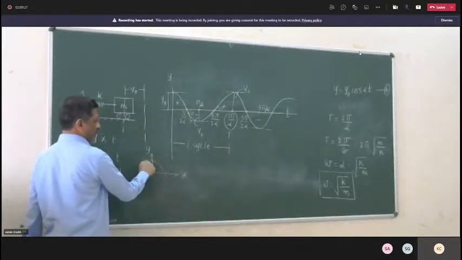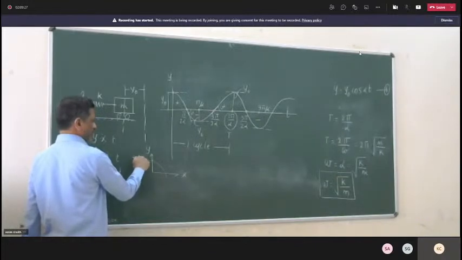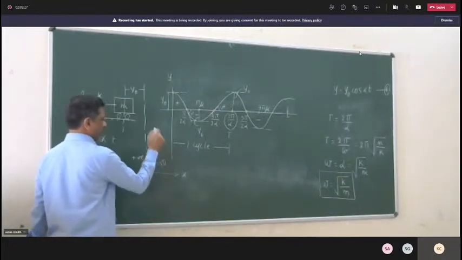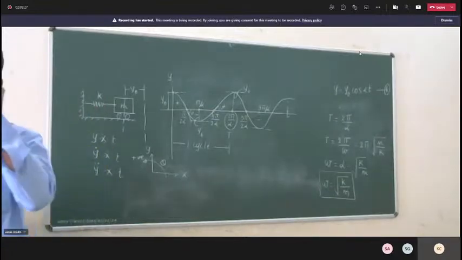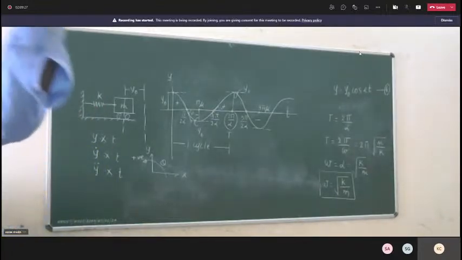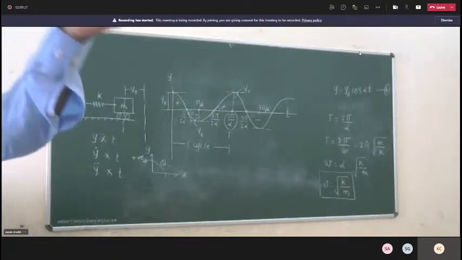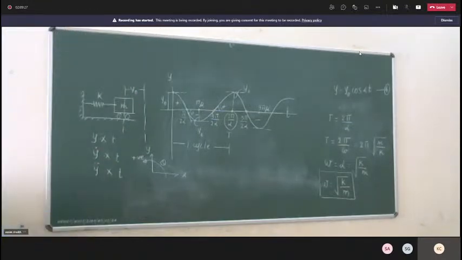Always move from x to y, that is positive angle. Note down this sign convention. If you move from x to y, that direction is always taken as positive direction.